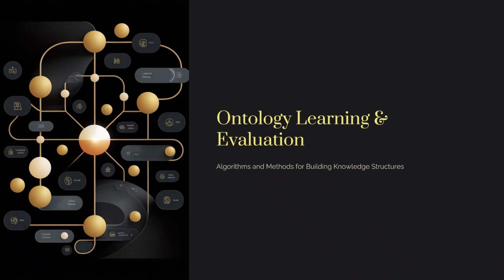Hello everyone. Today I'm going to present the topic ontology learning and evaluation, algorithms and methods for building knowledge structures. In the field of artificial intelligence and knowledge-based systems, machines often need structured knowledge in order to understand information and make decisions.